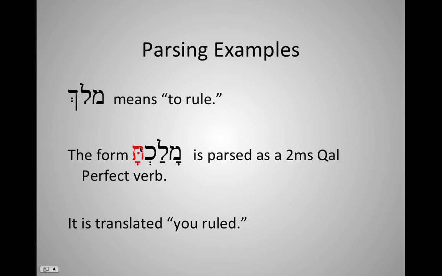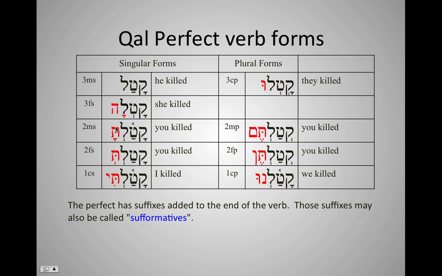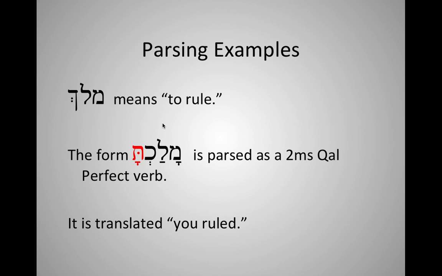So if we added the tav with the comets below it to that 3-letter root, note we get something very specific with that tav comets. That tav comets tells us, A, it's a perfect verb, and it also tells us it's a second person masculine singular, which means we supply the subject you to the verb.